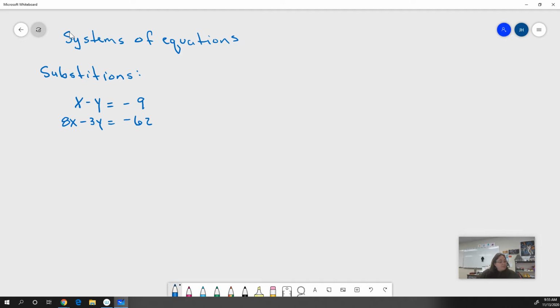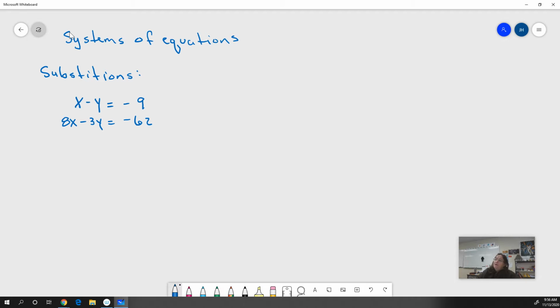I did another one, but I like this one because the first step, if you remember from the Edpuzzle, is that I have to solve one of these for a variable, right? I either want to solve them for x or y. And you're always going to pick one that has a coefficient of 1, right? We don't write 1 when it's the coefficient.